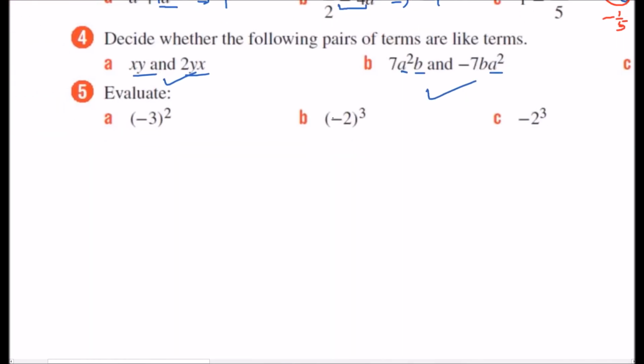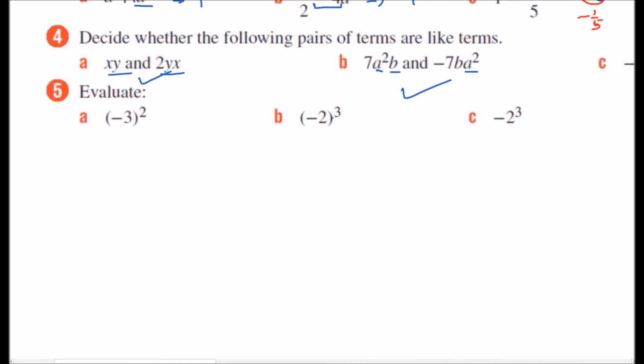Evaluating these really quickly again, you don't really need to do these in your test, but we will go through them. So negative 3 in brackets to the power of 2 is basically negative 3 times negative 3. The squared, remember, all these indices refer to the number of times you're multiplying that number by itself.